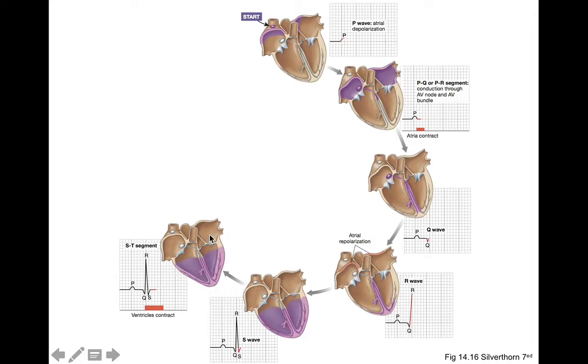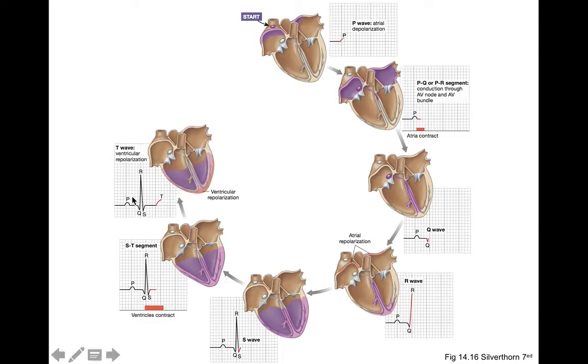This will be when the ventricles are contracting, and you can see that it's labeled on the diagram, this red line, ventricles contract. And when the ventricles start to repolarize, this is what is shown as the T wave on the ECG trace.